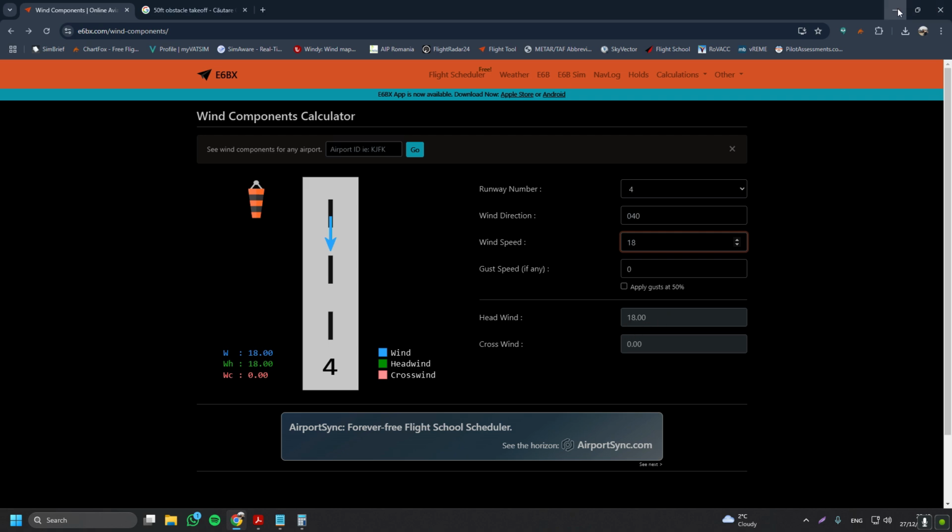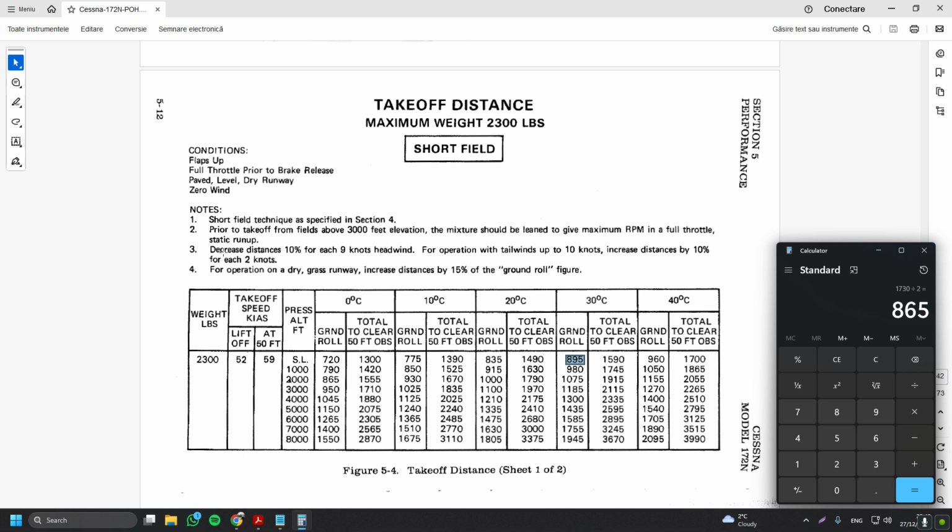Perfect. Now let's look here. What does it say? Decrease distances 10% for each 9 knots headwind. Now we have an 18 knots headwind. That will basically mean double. So it will not be 10%, it will be a 20% decrease in ground roll.